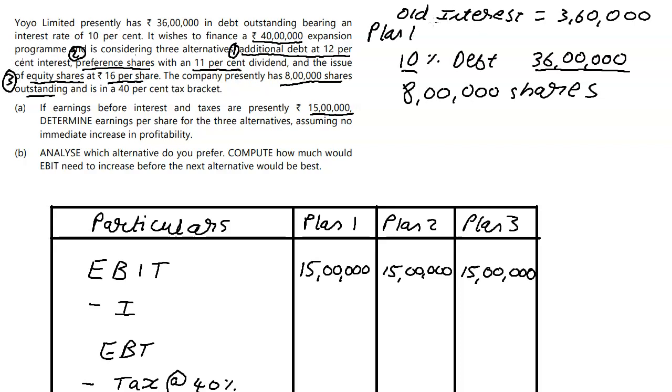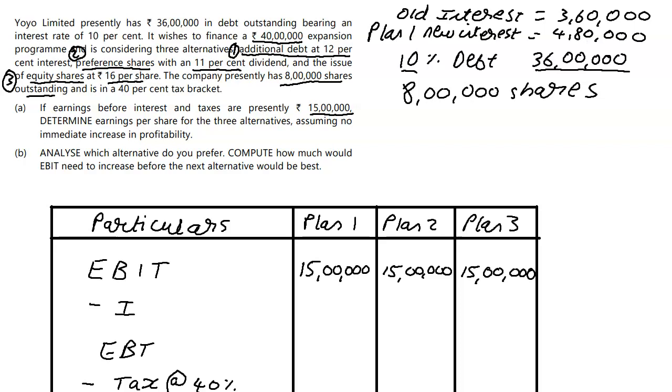In plan 1 and only in plan 1, because we are issuing new debt, we have new interest, and that new interest is going to be 12% of 40 lakhs. So multiply 40 lakhs into 12%. You will get 4,80,000. Alright, so we add both of these numbers.